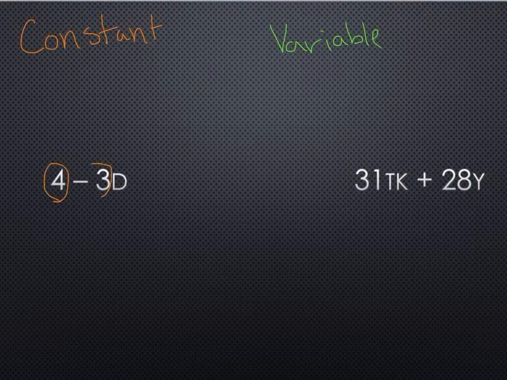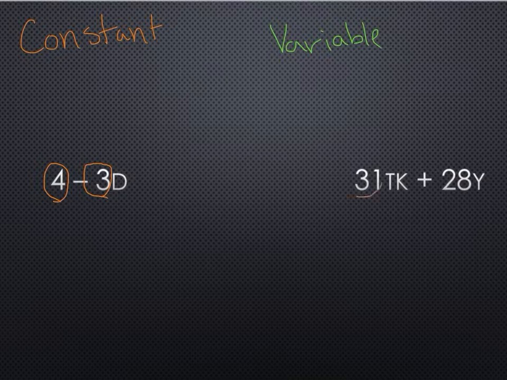Alright, so let's talk about the difference between constants and variables. Here we're going to outline which of these are constants, and in constants we're going to do orange, and variables are going to be green. So let's start off with our constants first. Constants are basically numbers. So constants here would be 4 and 3.